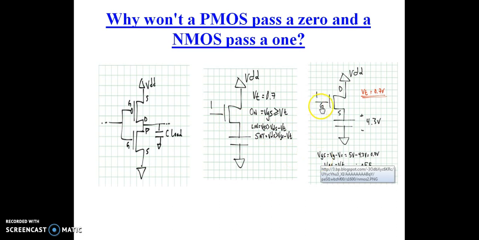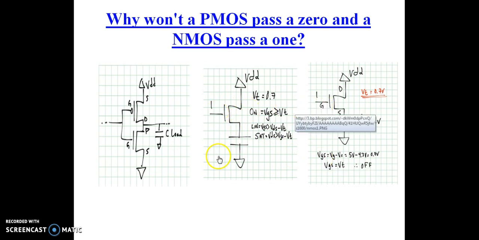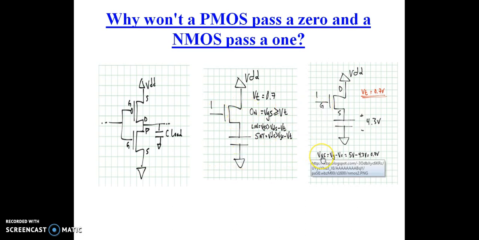As you know, VGS means VG minus VS. So the formula is given over here, VGS equal to VG minus VS. To turn the device on, you require VGS to be greater than VT, which is 0.7. So VG given at this particular point is 1, which is considered as 5 volt. So I have written here 5 volt minus VS.